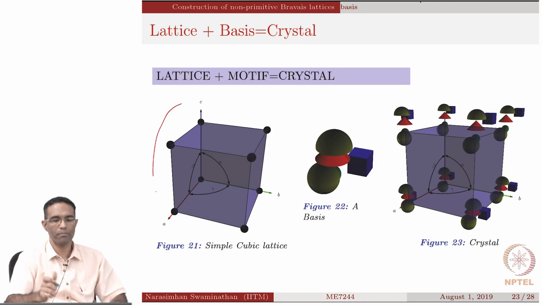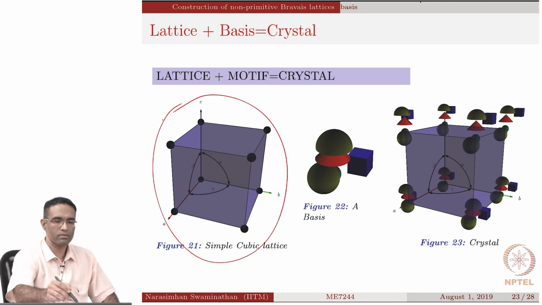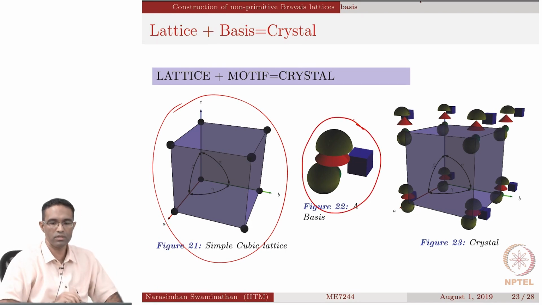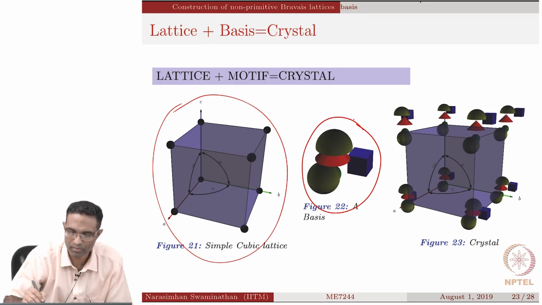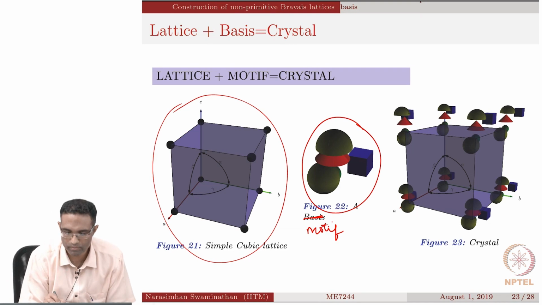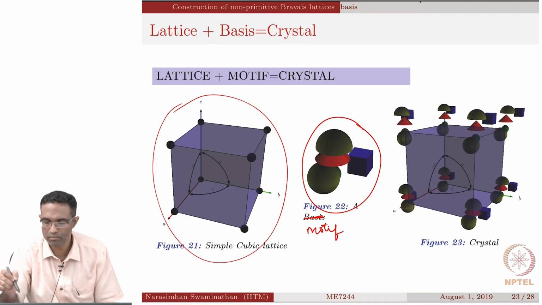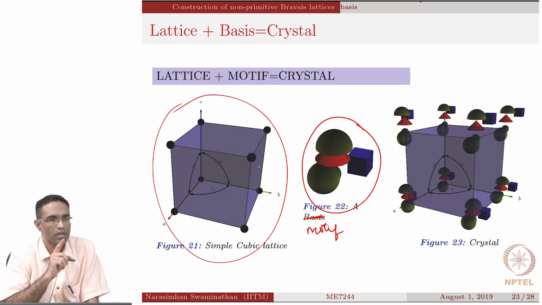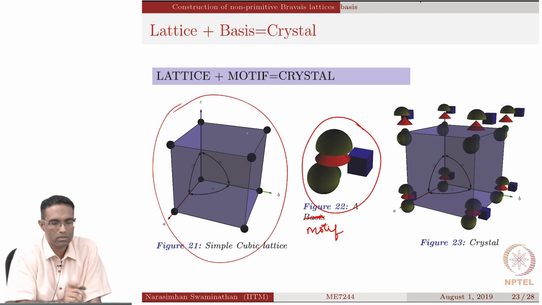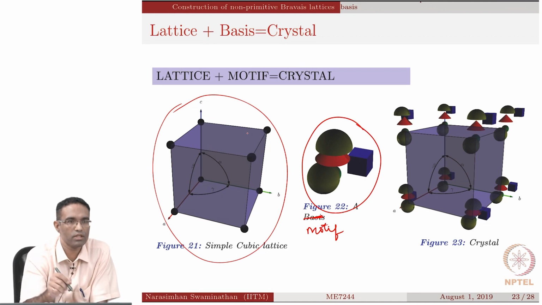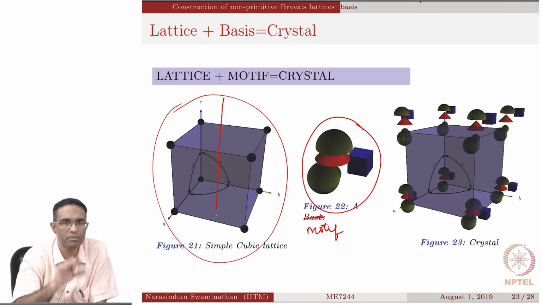So this is a simple cubic lattice, extending to infinity in all the directions, and this is some arbitrary motif, and at each point I am putting that motif. What you should observe now is this lattice, which is a collection of these points alone, had some symmetry associated with it.